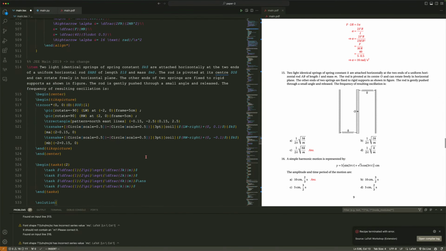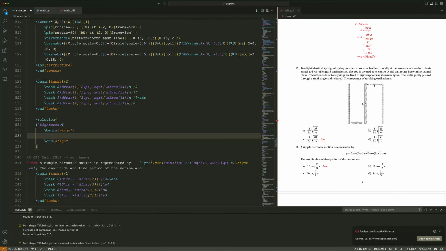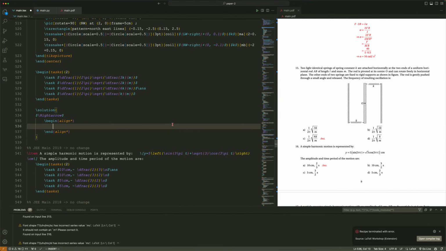Yes, equal spring constant, and we have to find the oscillation of this system, because whenever we disturb this system, or you can say we just rotate it with a small angle clockwise or anti-clockwise, then after leaving it will start oscillating, and we have to find the frequency of the oscillation due to both the springs, because it's a system, it will not work in isolation.